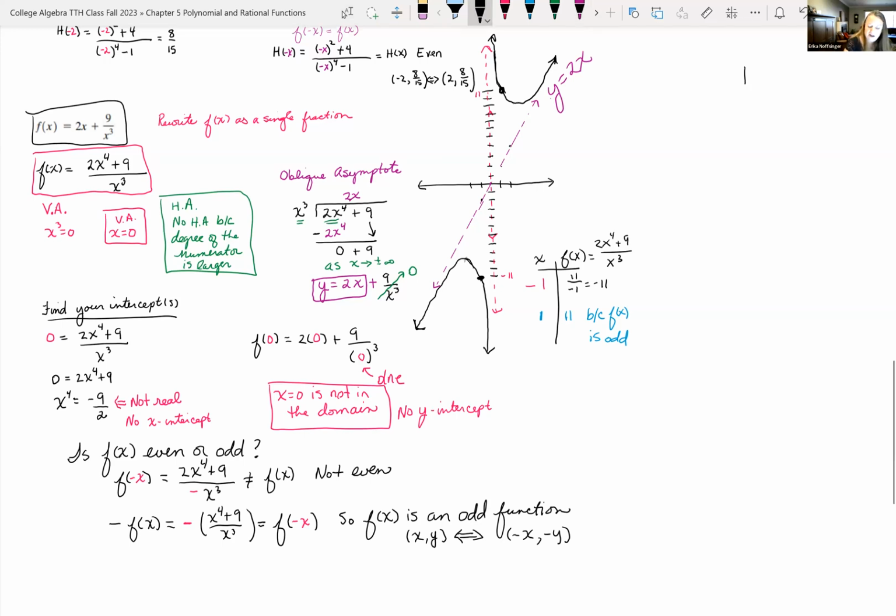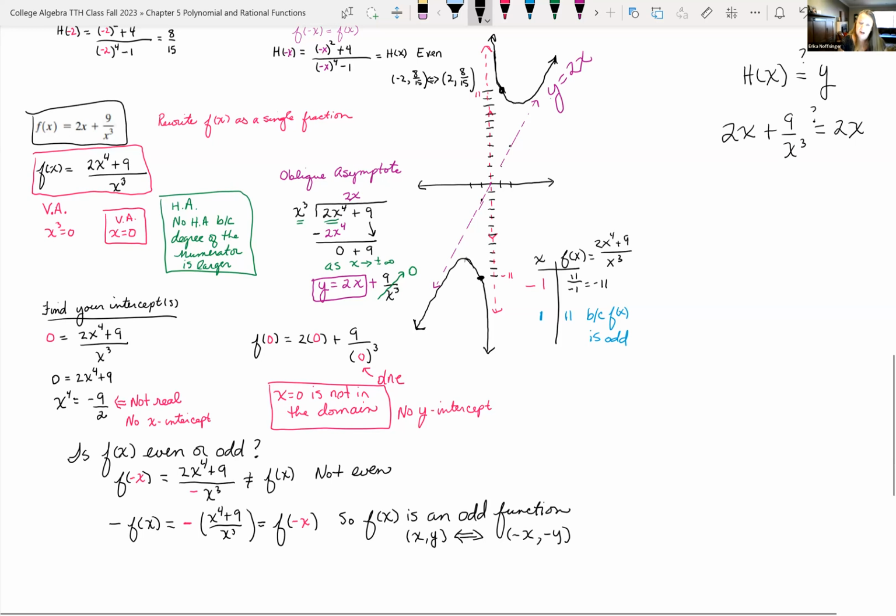So I'm going to want to know, does h of x ever equal my value y? Does my h of x function, 2x plus 9 over x cubed, ever equal my y, which was 2x? And so we want to go in here and solve for x.